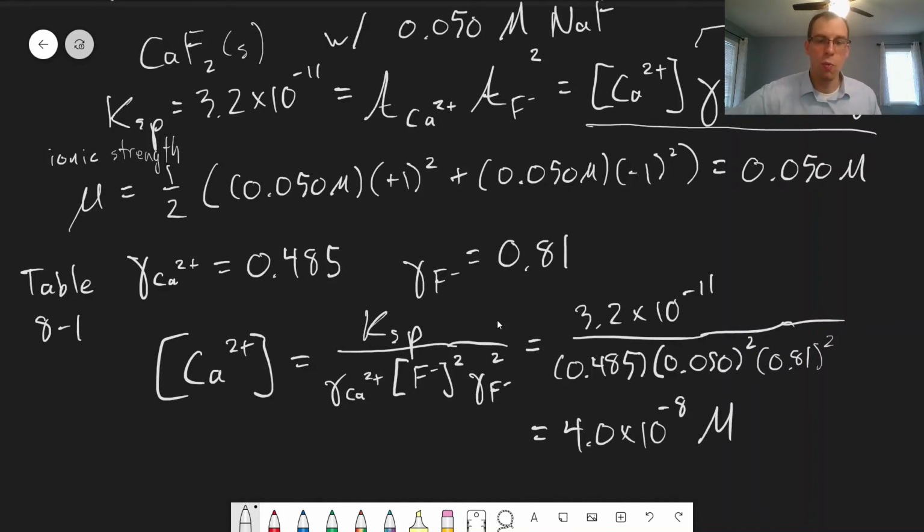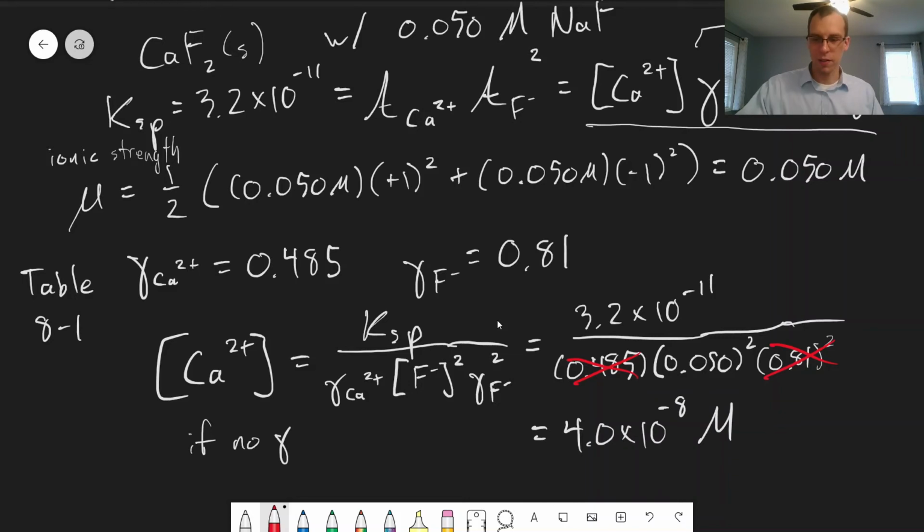Okay, so what if we did this instead without activities? How much of a difference does this make? Essentially the one thing that changes in this calculation is that if we had no activity coefficients, we would just eliminate these. Everything else about the calculation would be the same.